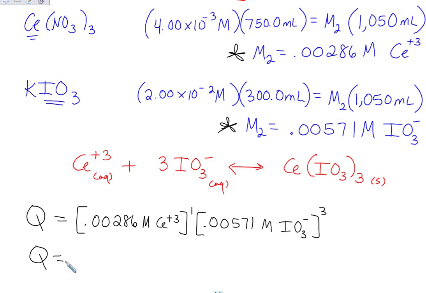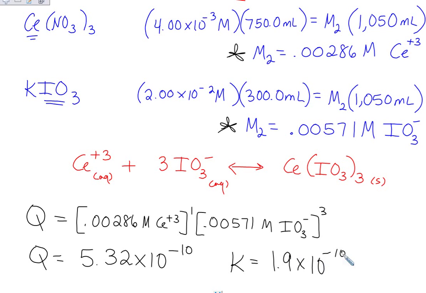Q equals, yucky, 5.32 times 10 to the negative 10. Holy cow. That's small. That's small, because if I look at K given to me up in the original problem, it's like I guess they're both small. 1.9 times 10 to the negative 10th.